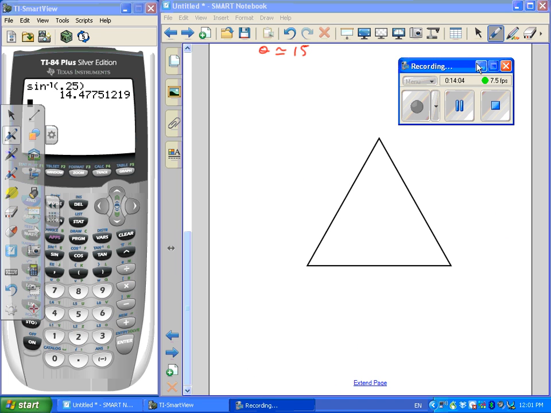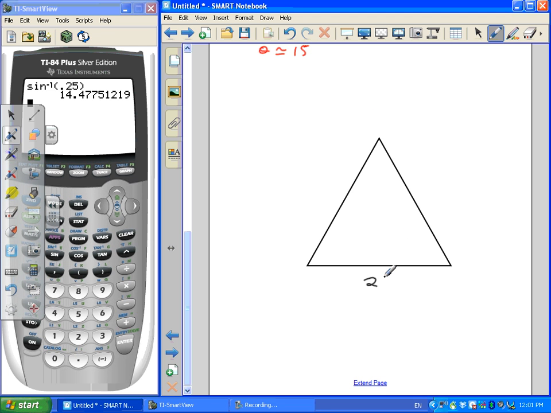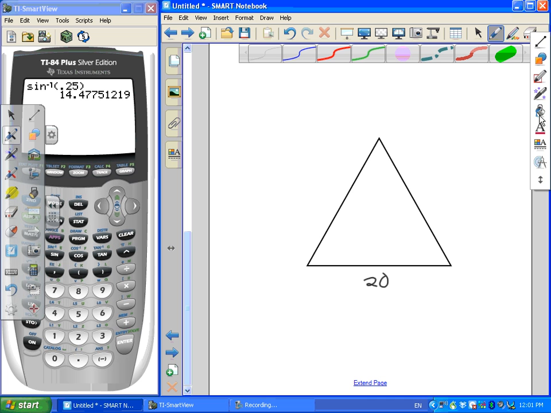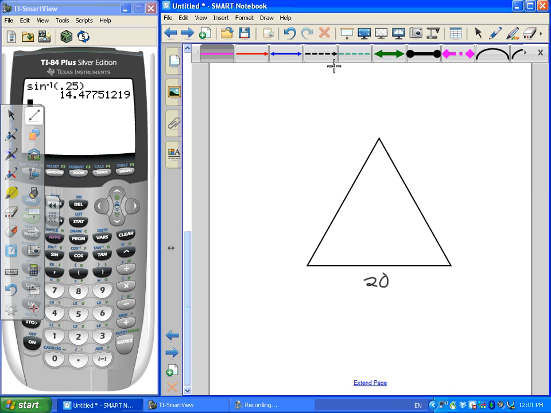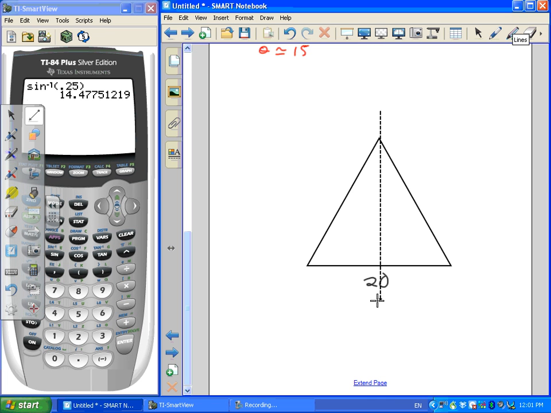So this only works for right angle triangles. Now let's say I have a triangle like this. It's 20, and I need a line here. We'll say the height is 15. Well, if I need to find this side and this side, I split this into two triangles.